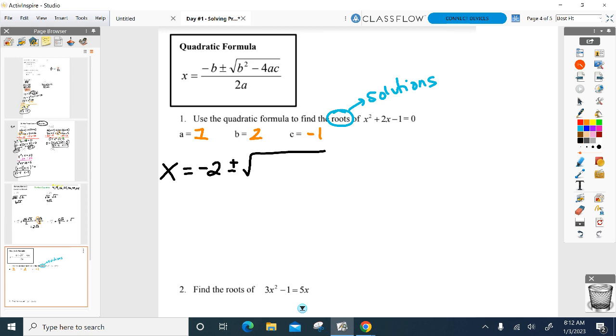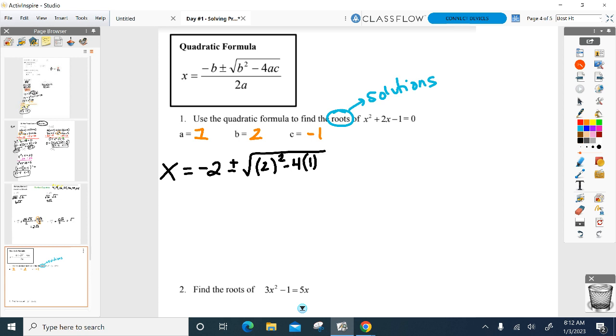Anytime you plug in, I'd like it in parentheses. So what are we plugging in for B? 2. I'd like that in parentheses, 2 squared. And when you touch your calculator in a couple of seconds, I'd also like the calculator to have parentheses there too. Minus 4. I'm not plugging in there. That's just 4, part of the formula. A, put it in parentheses, 1.